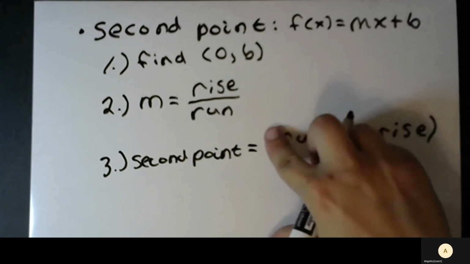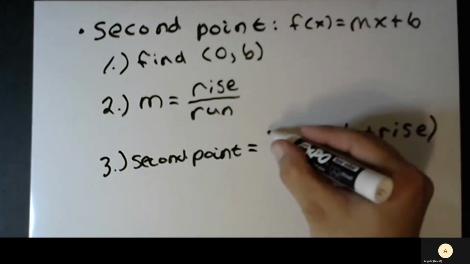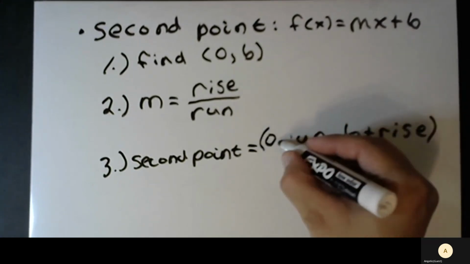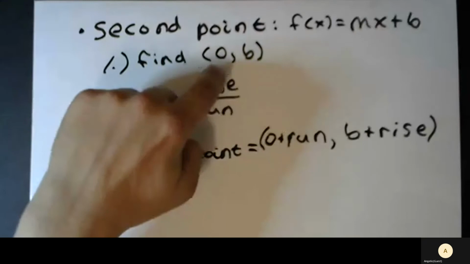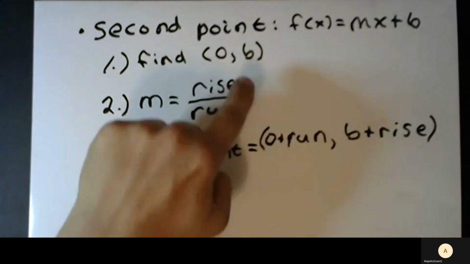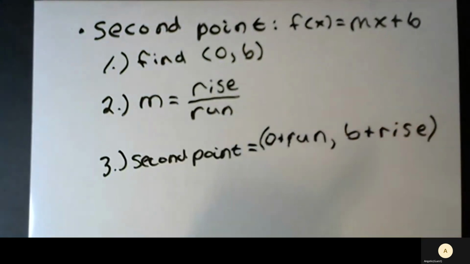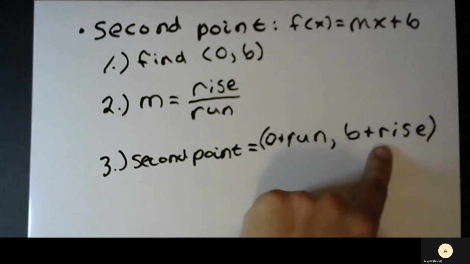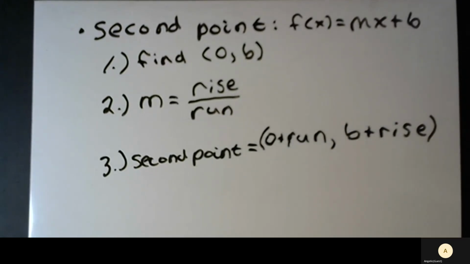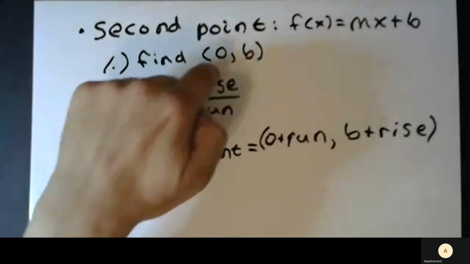In fact, this might seem kind of silly to put in 0 plus run. But we take the 0 here and the 0 here, the b here and the b here. We add run to the 0, we add rise to the b. And that's going to give us a second point. In fact, this will give you a second point if you have any other point on the line.